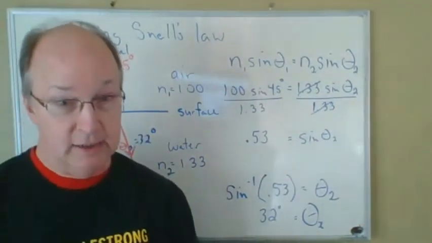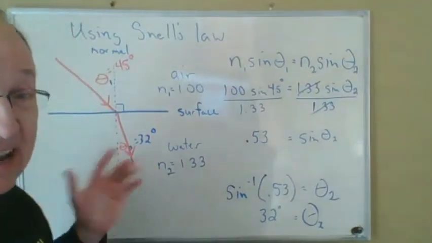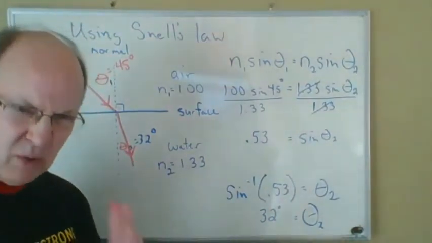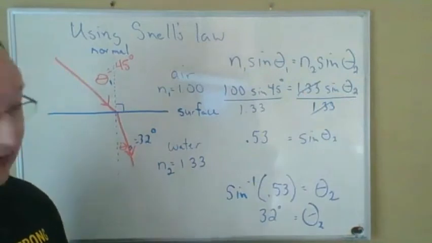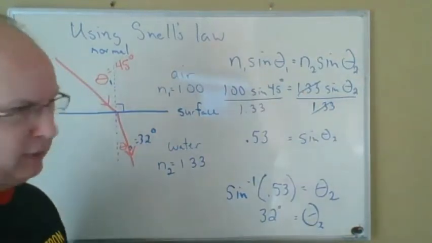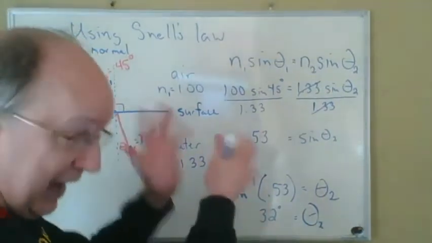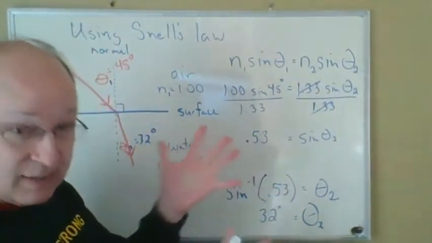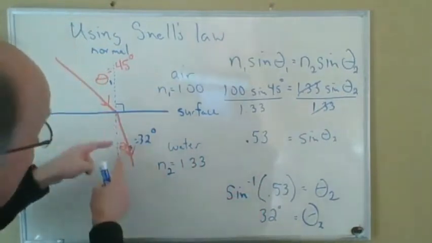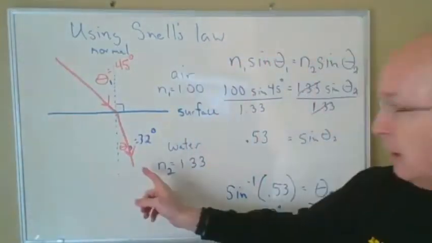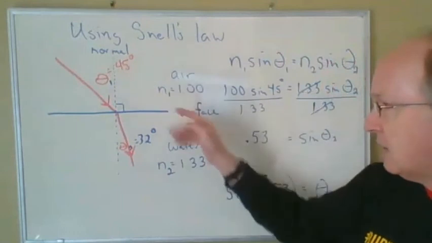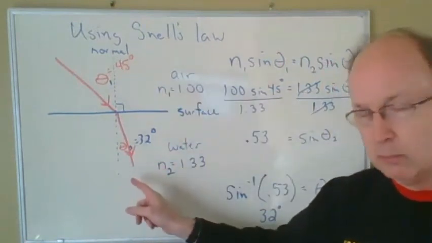Now, it's a good idea to take a look at that answer and ask yourself, does that make sense? Is that a reasonable answer? Because sometimes you can figure out, oh, that's obviously not right, just by looking at what you got. Okay, so we got 32. Great. The math seems to say it's 32. Does that make sense that it's 32? Well, remember, we said when light slows down, it bends towards the normal.